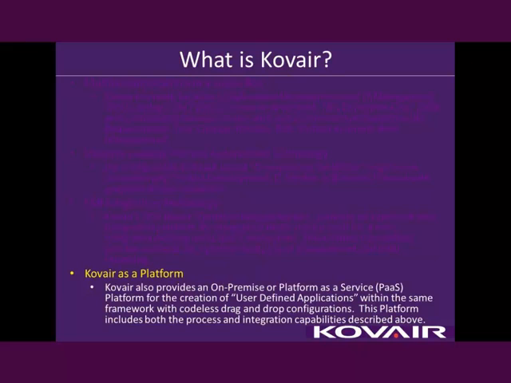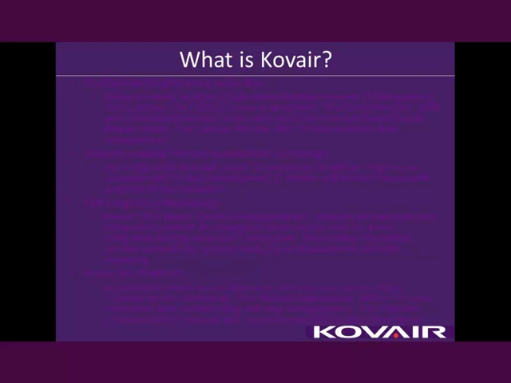And what is really great is you can actually create these applications just by drag and drop. You don't have to write a single line of code. You don't have to script or any of these things. Moreover, your applications will be process-enabled using Kovair's OmniProcess, and you can integrate other tools and applications using Kovair's Omnibus technology.